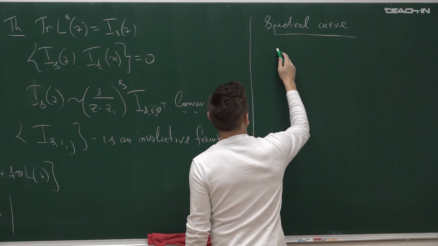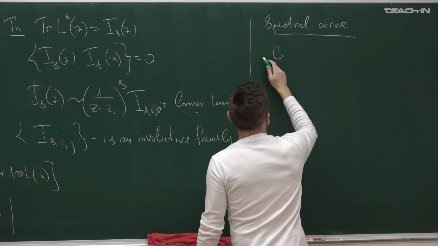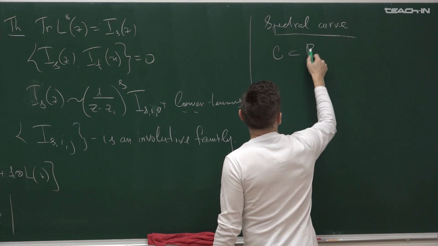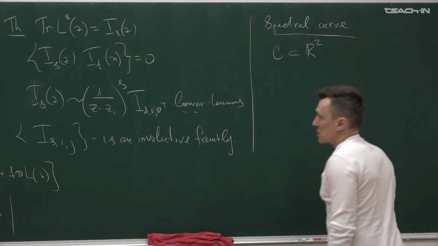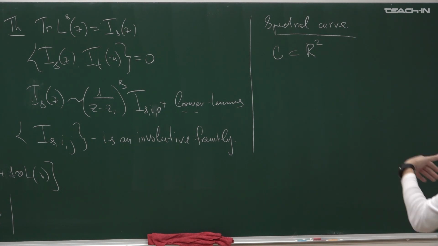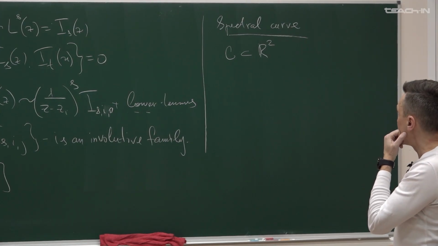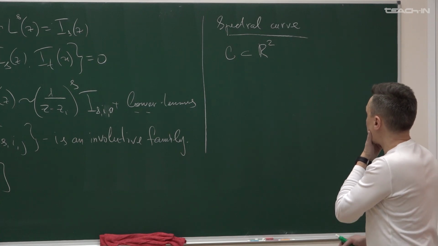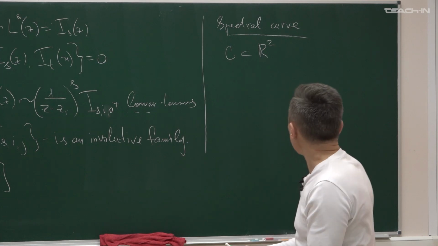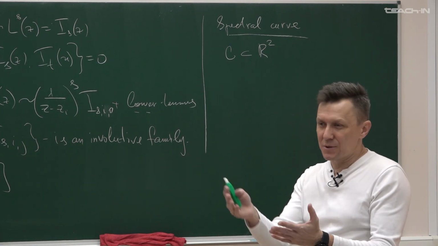So it is some curve in R^2, but it's better to look at this picture on the projective space, or even better in the projectivization of the canonical bundle to some rational surface.